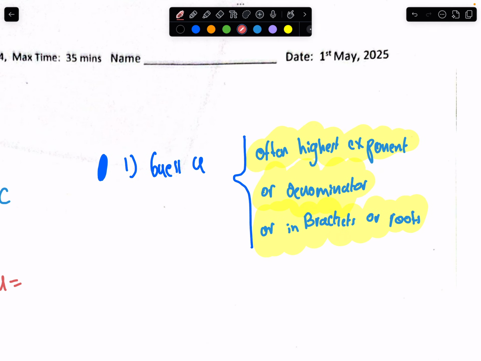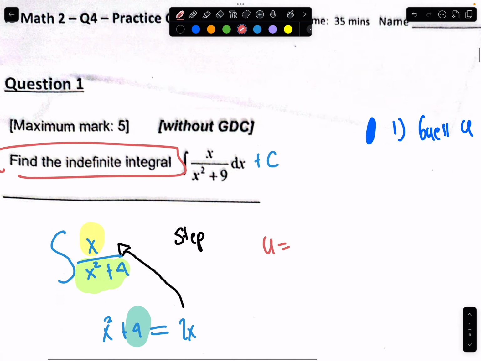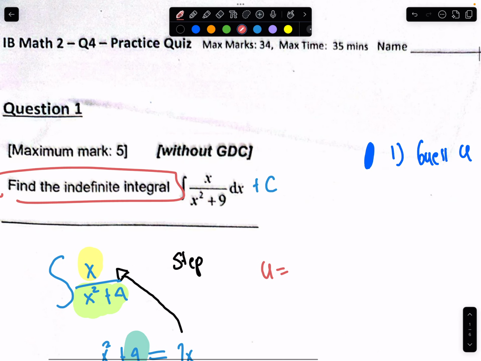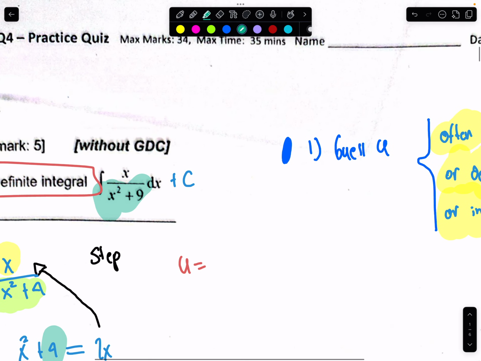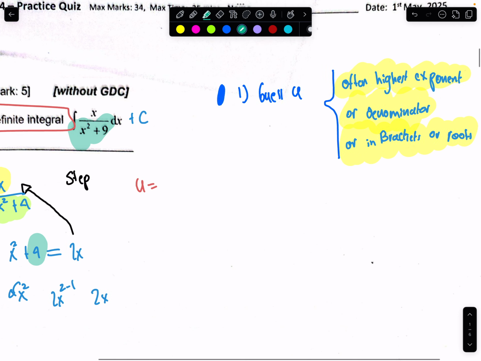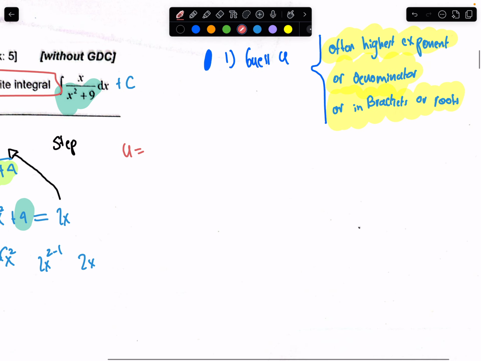In order to guess u, it could be the highest exponent in the given question, or it could be the denominator, or it could be in brackets or roots. Most students often mess up at the beginning, and that's why these tips will really help keep you on track.